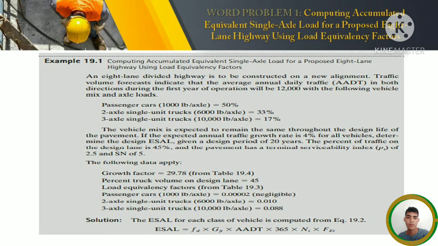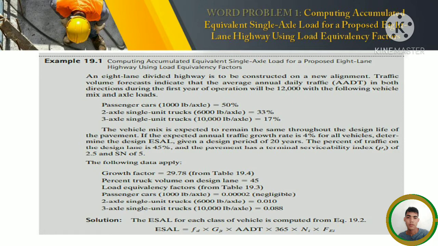Now, first we have to write the given data. The growth factor is equal to 29.78 from table 19.4, because the growth rate is 4% and the design period is 20 years. The percent truck volume on the design lane is equal to 45.